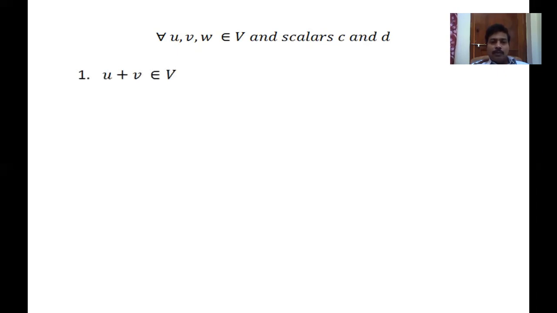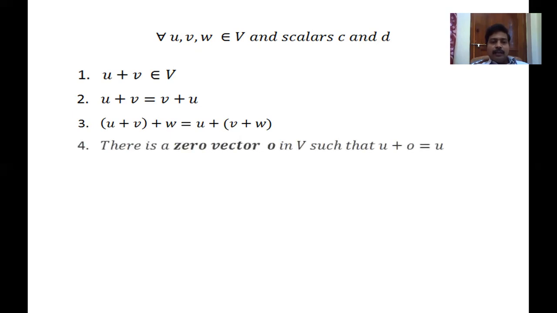u plus v belongs to V, that is the closure property with respect to vector addition, and this is the commutative property with respect to vector addition: u plus v is equal to v plus u, and the third one is associativity: u plus v plus w is equal to u plus v plus w, and there must be a zero vector O in V such that u plus O is equal to u.